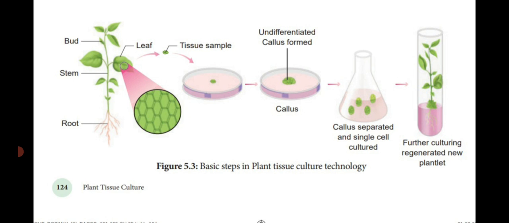So these callus are introduced into the culture vessel and cultured in the culture medium. Further, the callus is regenerated into a newly formed plant in the test tube. These are the basic steps involved in plant tissue culture.